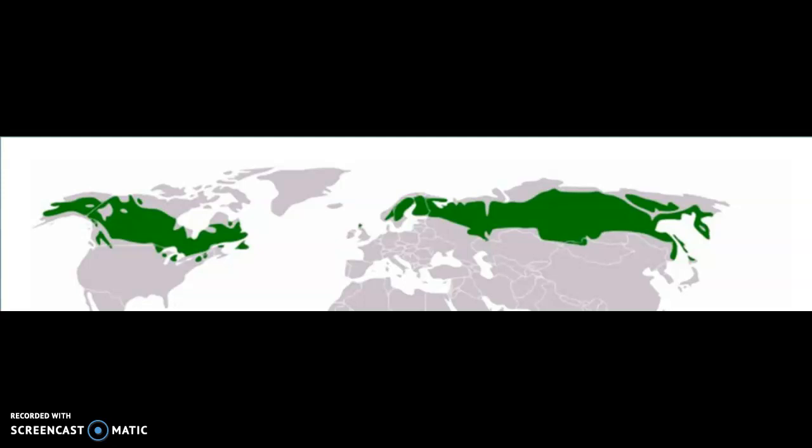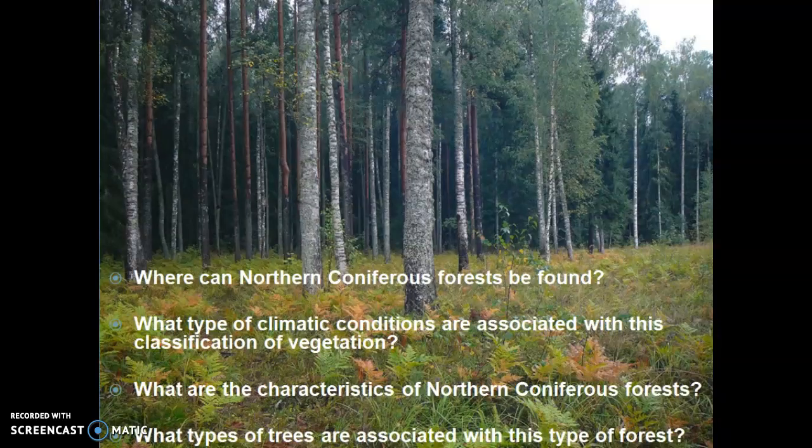That is referring mainly to the summer. Or in some instances, it could reach close to 1,500 millimeters per annum, which is a significant amount of rainfall to be received. As a result of that, the vegetation types would be influenced greatly by that distinctive moisture receipt. Now, as we mentioned earlier, in terms of understanding the characteristics of northern coniferous forest, we must leap ahead into the type of trees that may exist in this particular region.